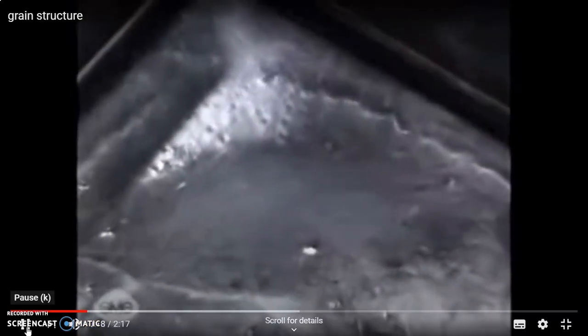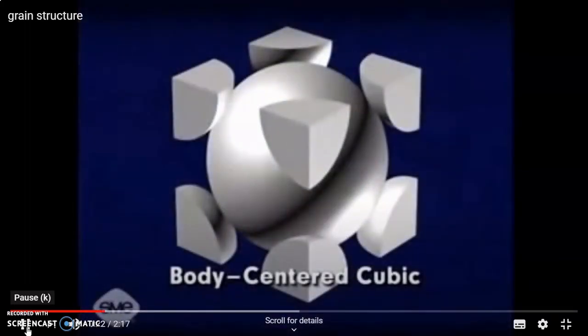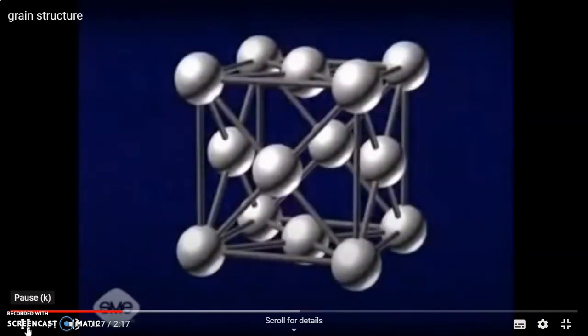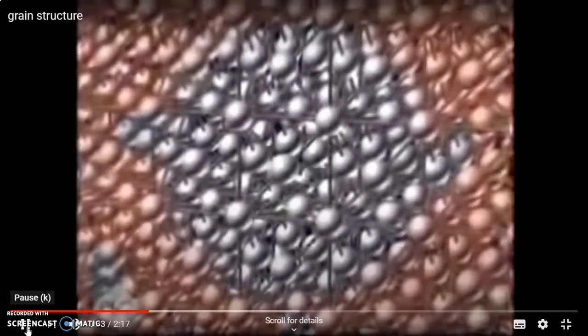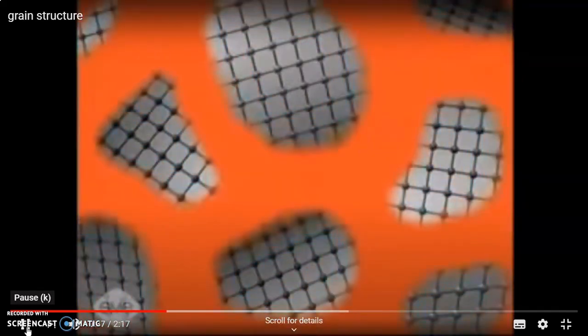The two most common crystal structures in metals are body-centered cubic and face-centered cubic. These crystal structures grow uniformly in all directions within each developing crystal. As the metal cools, these crystals are confined by the adjacent developing crystals, forming grains.